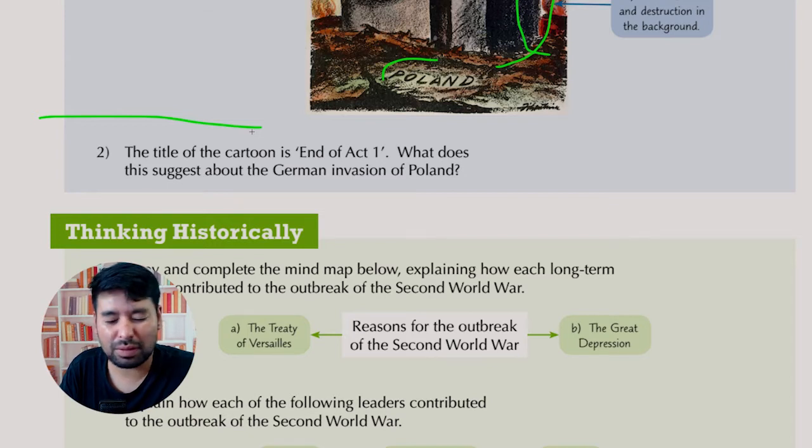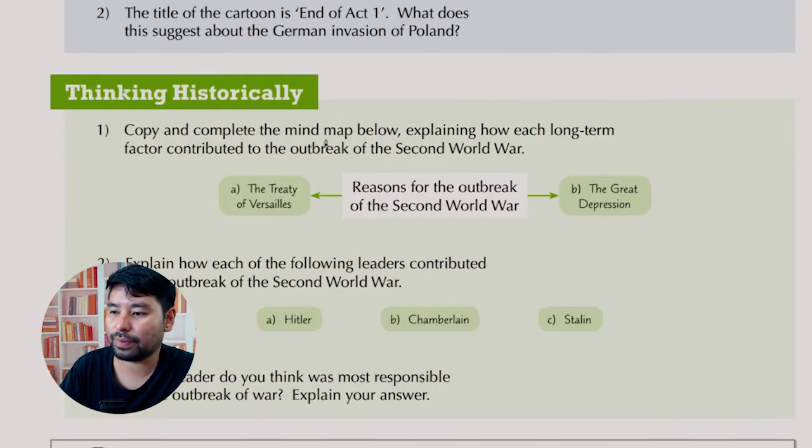The cartoon, criticizing that, the name of that was End of Act. So, what is the suggestion? What does this suggest about this invasion? What is the connection? Why do you think the author wanted to use this name? And probably he meant something. He wanted to say something by using that. So give me your opinion about that. What do you think?